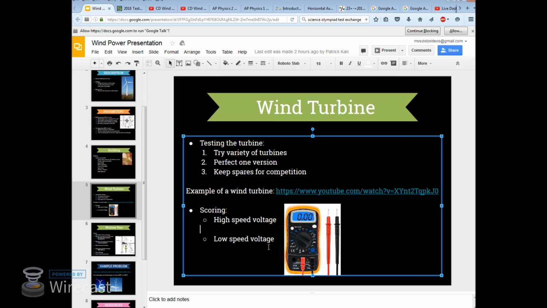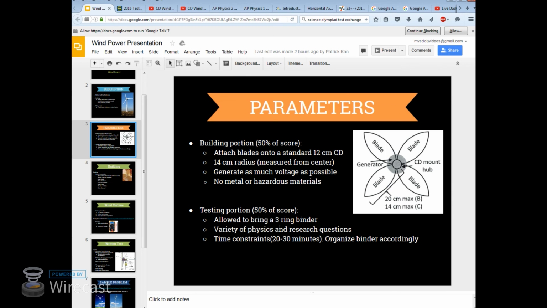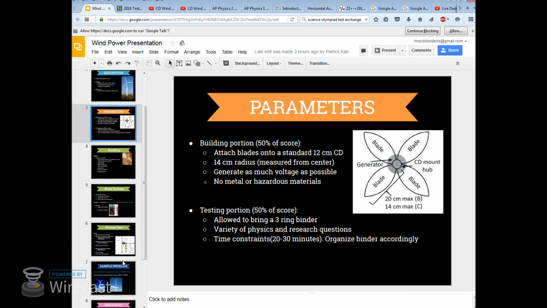So your turbine needs to be able to catch enough air so that it can spin. Because one thing in the parameters is that if it does not spin for 30 seconds after wind is being applied to it, then it's automatically stopped and there will be no score counted for that. So you want to make sure that your turbine is able to start with both low and high speeds.